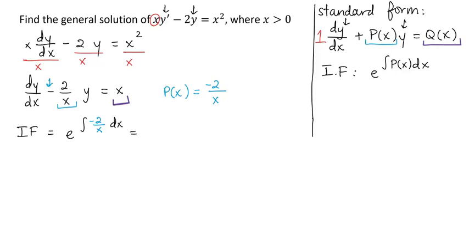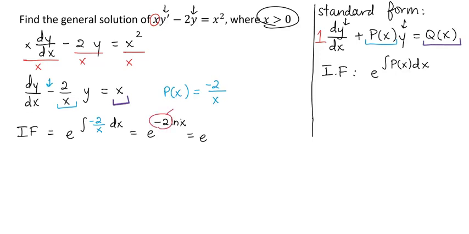The integral of negative 2 divided by x dx is negative 2 natural log absolute value of x, and I don't have to use the absolute value because we do have the condition that x is greater than 0. Properties of logarithms tell me that I can send the coefficient of negative 2 back to the exponent on x.